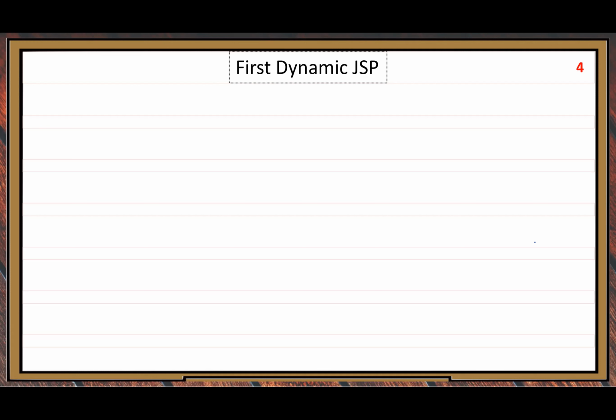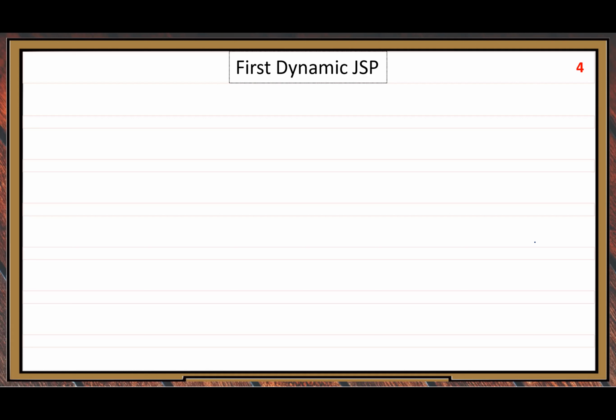What's dynamic? It keeps changing. Every time you run this web application, you will see something different. The data you will see is different. So that's the dynamic information.